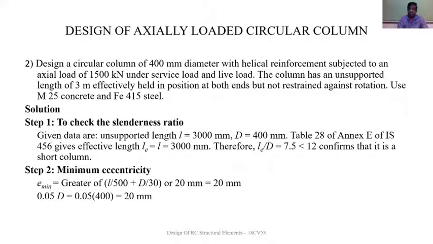In step 2, we calculate the minimum eccentricity, which should be the greater of L by 500 plus D by 30, or 20 mm. In this case, I'm getting e minimum as 20 mm. And as explained in the previous problem, the minimum eccentricity should not be greater than 0.05 times D. In this problem, 0.05 times D leads to 20 mm.